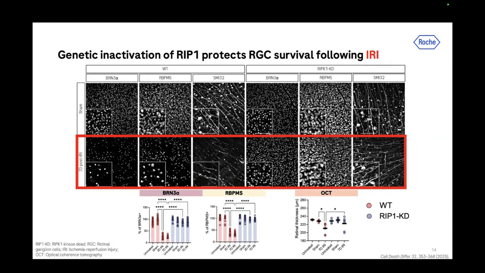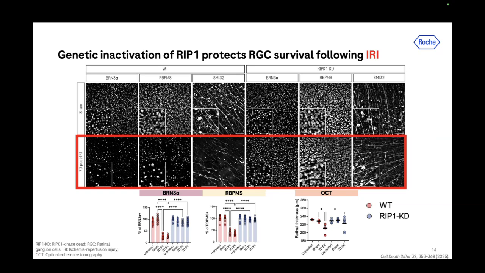In this slide, we examined how RIP1 inhibition affects the RGC loss in the IRI model. We performed immunostaining for BRN3 alpha and RBPMS as RGC markers. In wild-type mice, we observe a substantial loss of BRN3 alpha and RBPMS positive RGCs in the IRI model. However, in RIP1 kinase-dead mice, these RGCs were largely preserved after IRI damage.